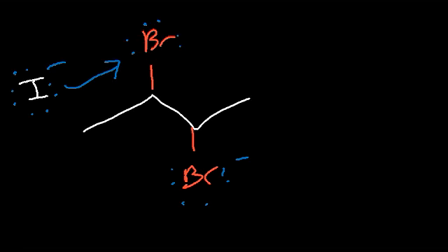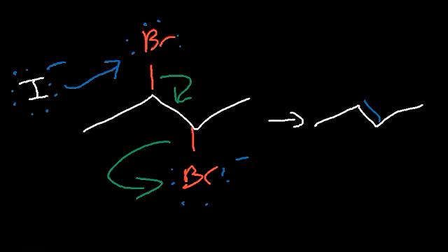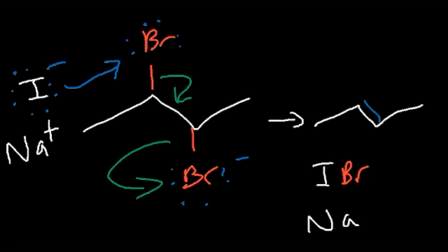And as that happens, the carbon-bromine bond breaks. It's going to form a double bond and expel the other bromide. So you're going to get an alkene. Let's say the iodide was paired up with sodium. So now we're going to have IBr, those two are together, and NaBr. So this reaction looks similar to a typical E2 reaction, but with no hydrogen instead. So that's another reaction to know.